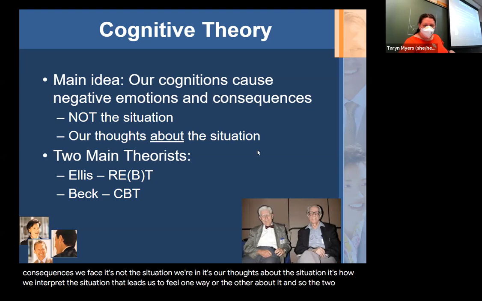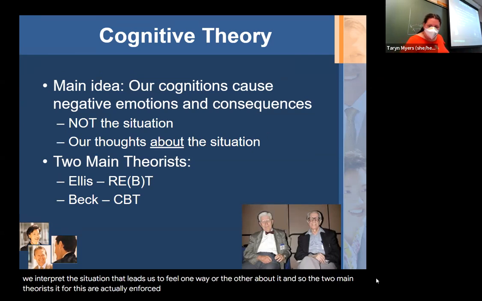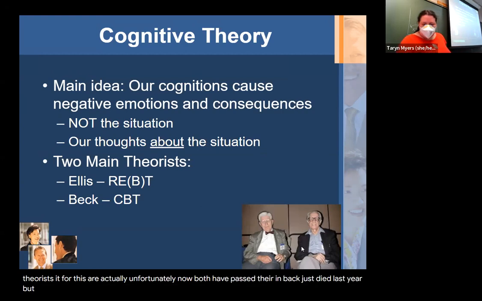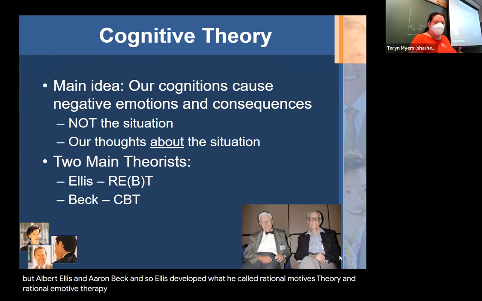The two main theorists for this, unfortunately, have both now passed. Aaron Beck just died last year, and Albert Ellis as well. Ellis developed what he called rational emotive theory and rational emotive therapy. You'll see the B is in parentheses.